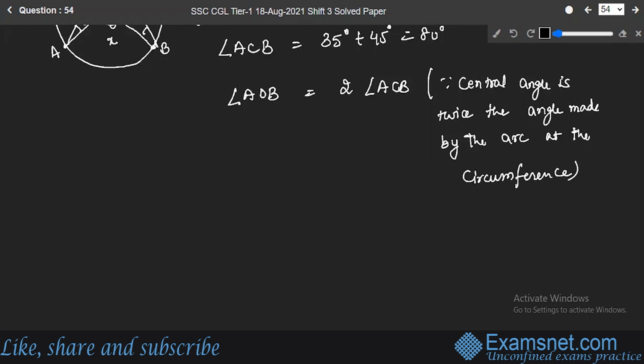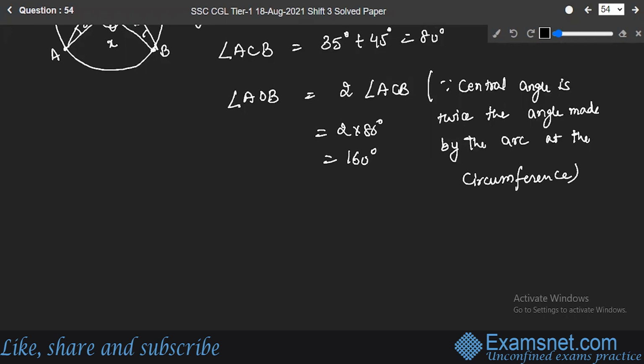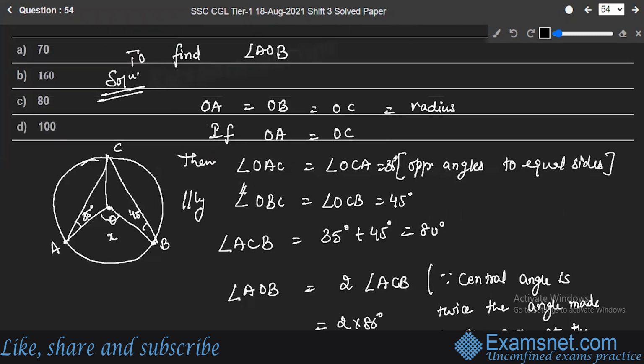All right. So what is AOB? It was twice of 80. That is equal to 160. So this is your required answer, right? You had to find out angle AOB, which is X we assumed, and that is equal to 160. Option B is the correct answer to our question. Hope you are clear, right?